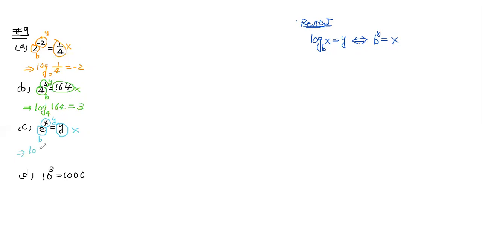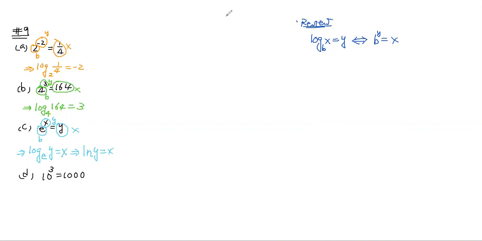It's log base e of y equals x. I got x and y reversed, but that's okay. Log base e is a very special function: it's the natural log of y equals x, because we have 2 kinds of logs, the natural log and the common log.